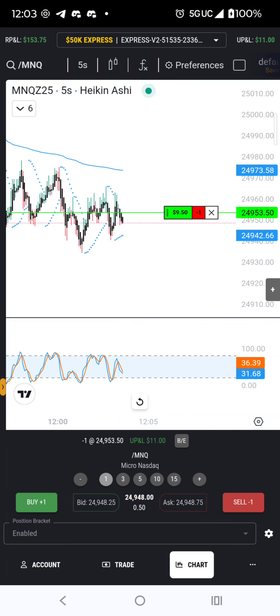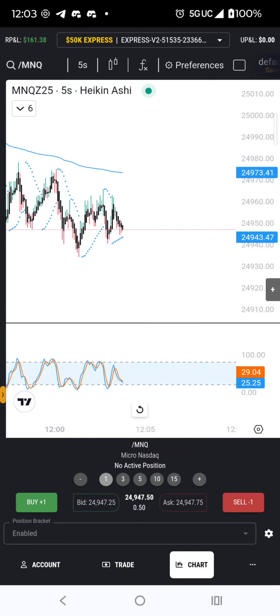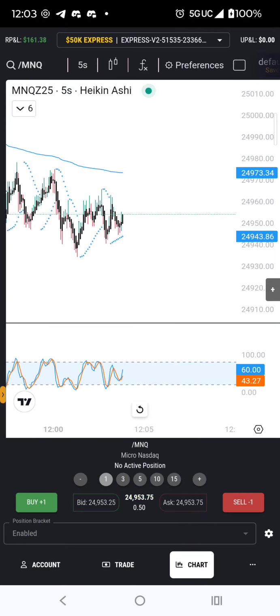So I'm going to take that right there, because again, it may buy right off of this part, and you don't want to be in drawdown. So I don't care for that. That's a toss-up. I'm not with it. And you see it respected it.